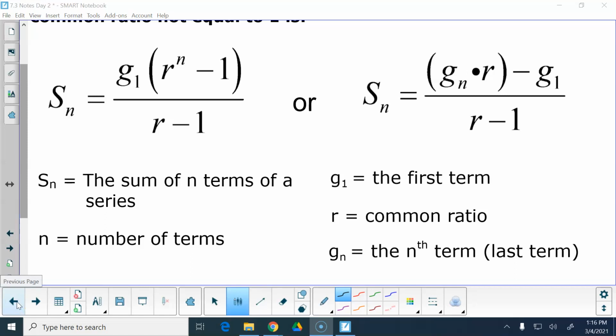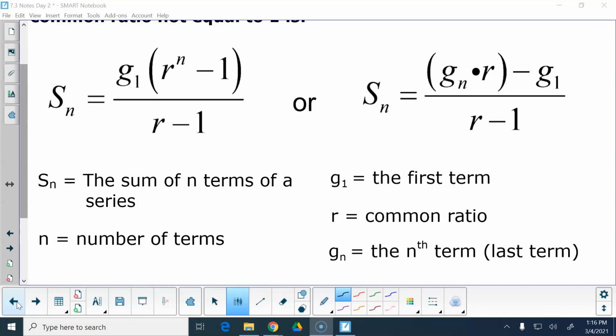So the sum of a geometric series is either the first term times your r value raised to the nth power, then minus 1, all of that divided by r minus 1. Or the last term in your series times your r value, then subtract off the first term, and then divide that by the quantity r minus 1.